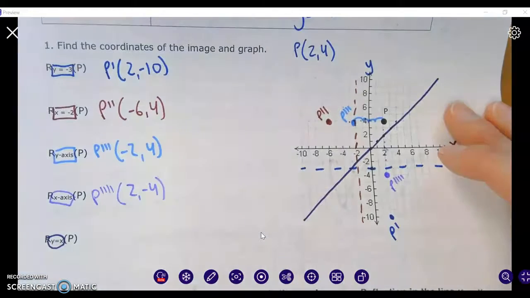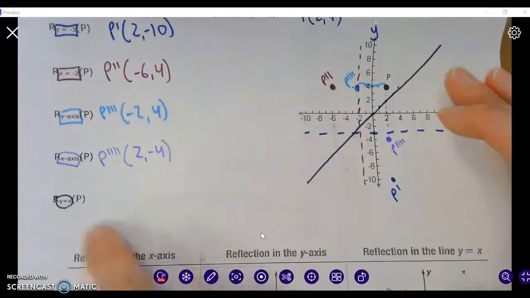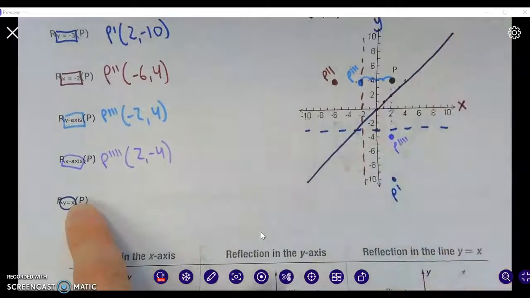You don't need to do it in your calculator, but just know that y equals x is the diagonal that just goes up 1 over 1, up 1 over 1.